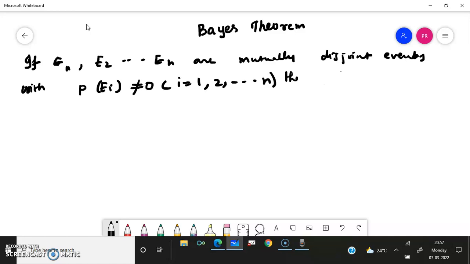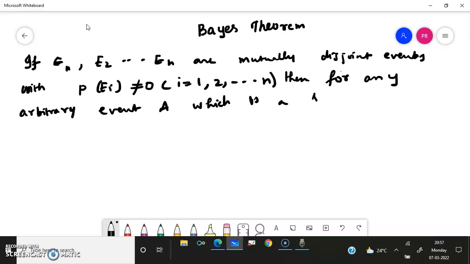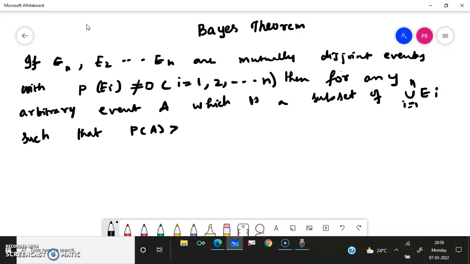Then for any arbitrary event A which is a subset of union i equal to 1 to n Ei such that P of A is greater than 0, we have P of Ei given A. Okay, what is it?